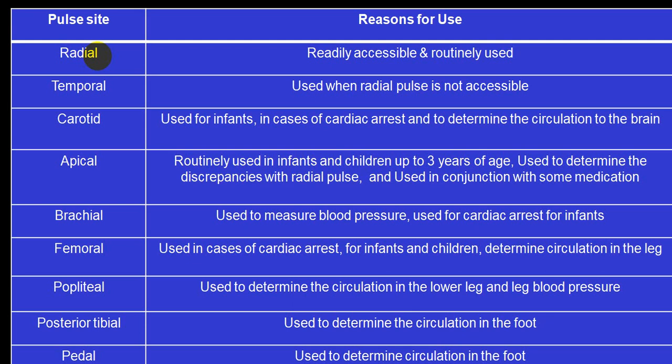As we come to the upper arm, medial to the biceps muscle, you will be able to feel the brachial. And in the cubital fossa, again, you will be able to feel the brachial. In the lower part of the forearm, you will be able to feel over the radial bone, the radial artery.